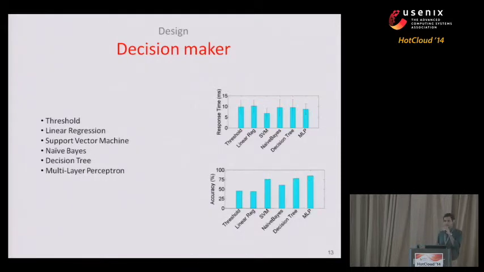But the accuracy differs a lot. The comparatively simple classifiers, the threshold, linear regression, and the naive Bayes, have a worse accuracy with respect to the higher dimensional classifiers, like the support vector machine, decision tree, and the MLP. So we are considering that these classifiers might work better for the offloading decision.